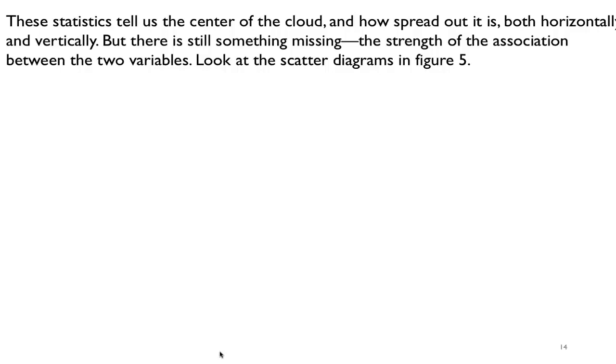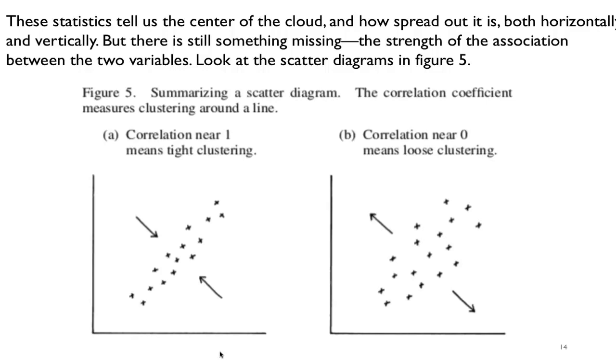Now, the thing is, we still want to measure the strength of the association between the two variables, because so far all those numbers tell us only about one direction. So the correlation coefficient, which we will define in a moment, is going to give us a measure of how strong the association is. For example, a correlation near 1 means that the data points have a tight clustering.